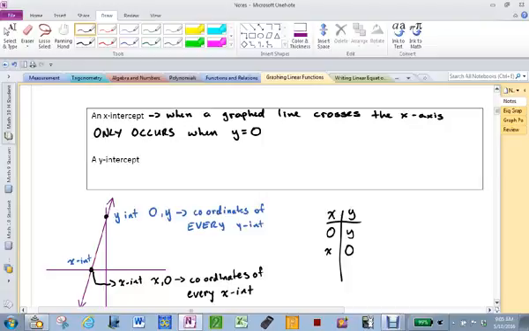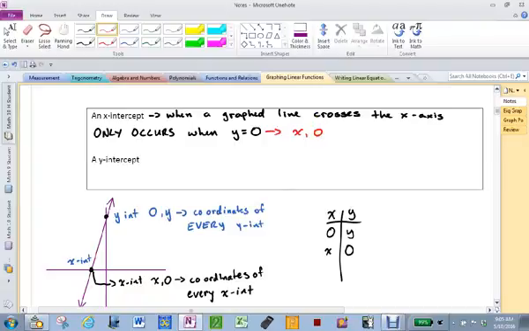Does everyone understand that? So it only occurs when y is 0, and its coordinates are x, 0, x being any value. If y ever is 0, you have an x-intercept. You just don't know what it is. The only thing you know is that y will be 0.